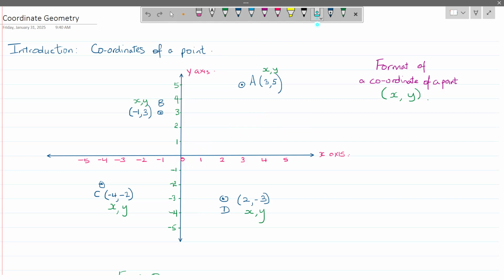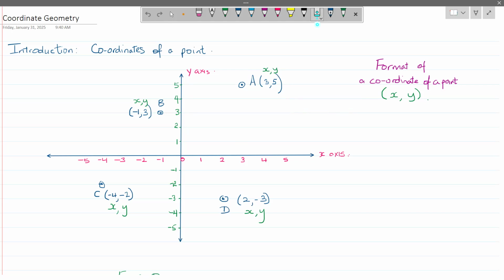Now, as I mention that term of point, we could put points like A, B, C, and D anywhere on this graph. And we could reference that point based on what number it aligns with on the x-axis and the y-axis. We call this the coordinate of the point. Think about the coordinate as an identifier of the position on the Cartesian plane.